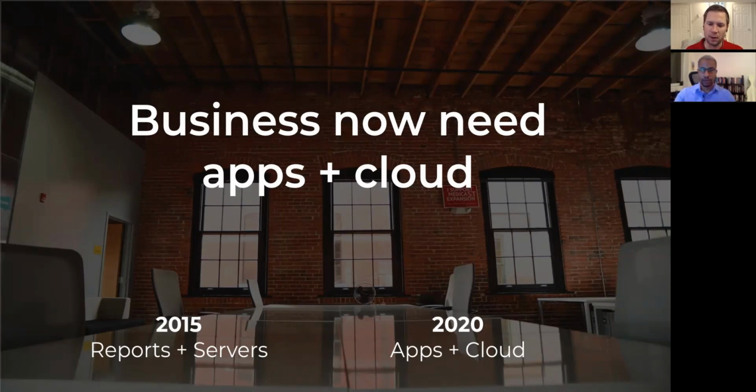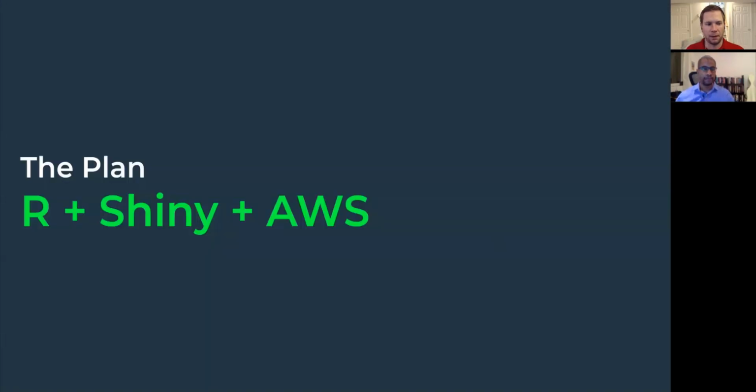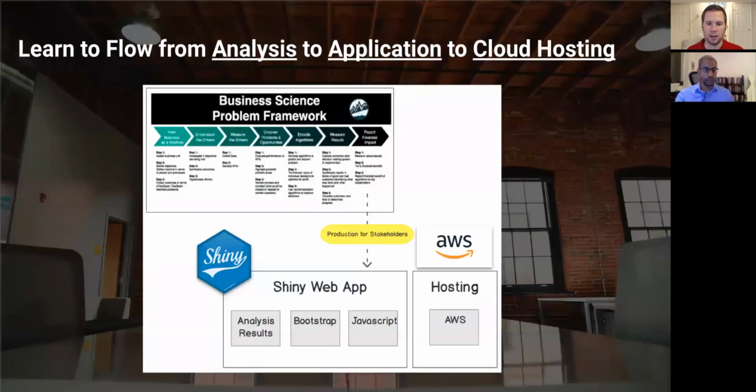We want to be able to distribute these applications at scale, and that means cloud. We want to do predictive analytics, and that means apps. So the game plan is to show how you can do this with R, Shiny, and AWS.